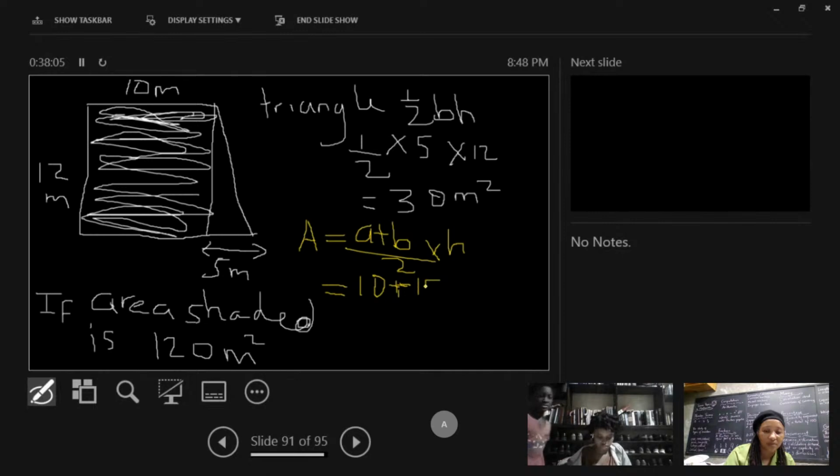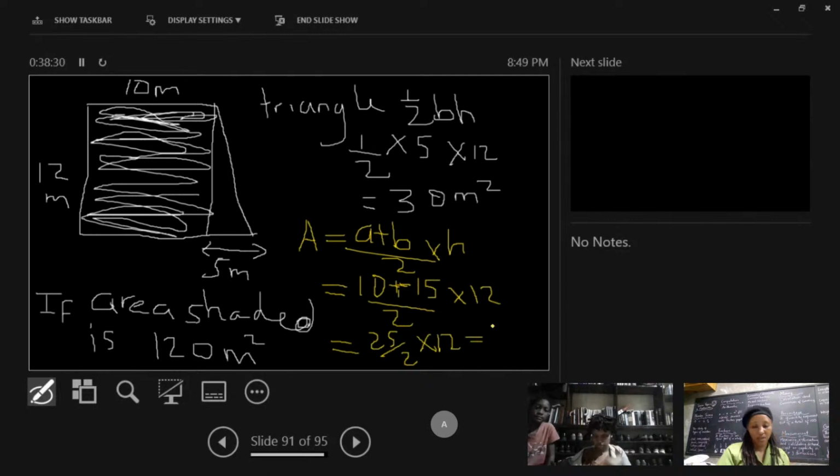The height is 12. 10 plus 15 gives you 25. So 25 over 2 is 12.5. So 12.5 times 12, that's 150. 150 meters squared.